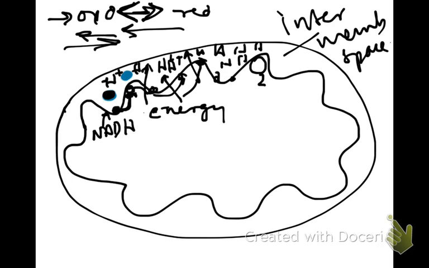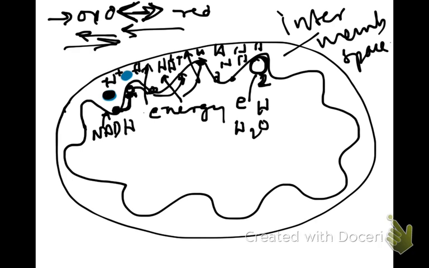Okay, finally it reaches the end of the electron transport chain where oxygen is situated very conveniently, and this oxygen, when it collects the electrons, it takes the protons from the matrix, okay, and becomes water. So the whole story is over.